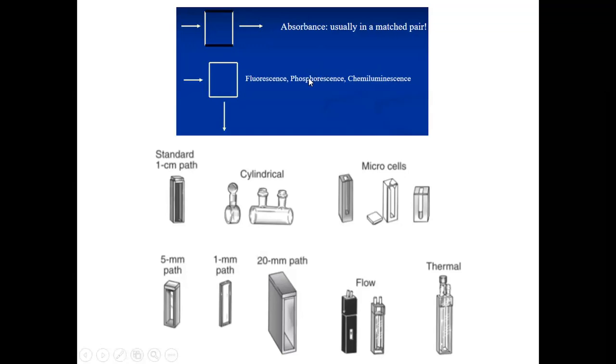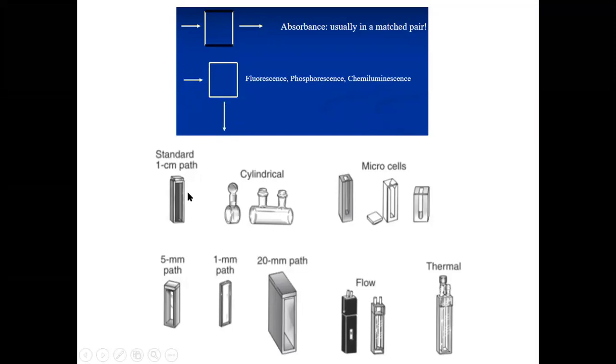But for the fluorescence or phosphorescence or chemiluminescence measurement, we are measuring the radiation that emits from the sample. In that case, the source and the detector are kept at a 90 degree angle. So in here, all 4 walls should be clear in order to pass the radiation like this.